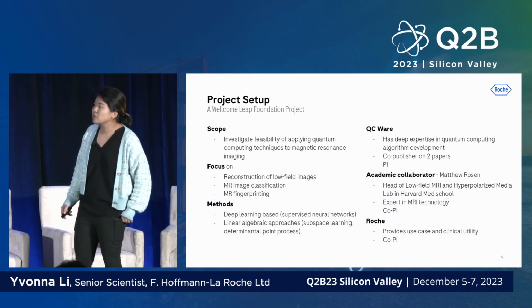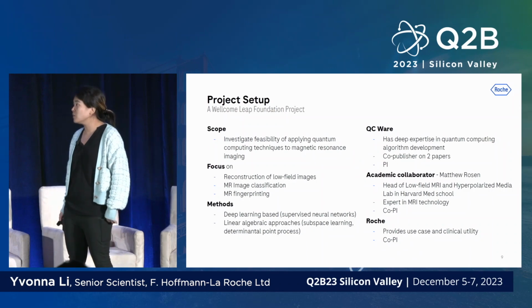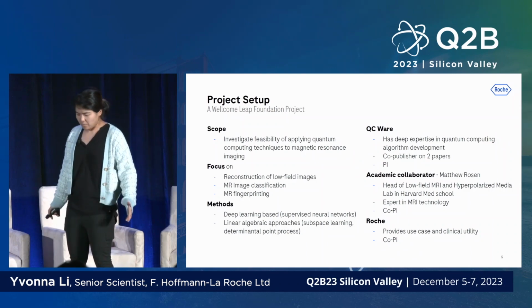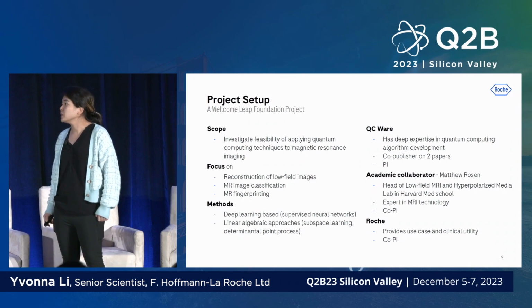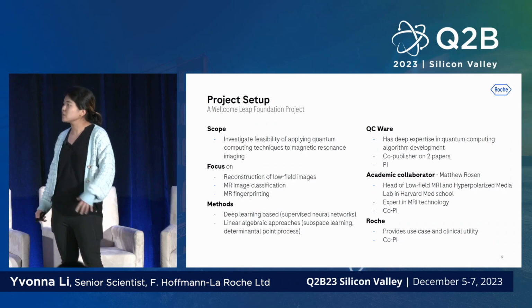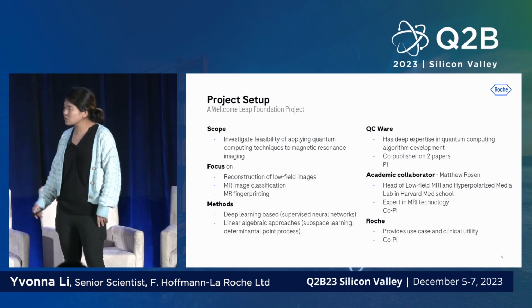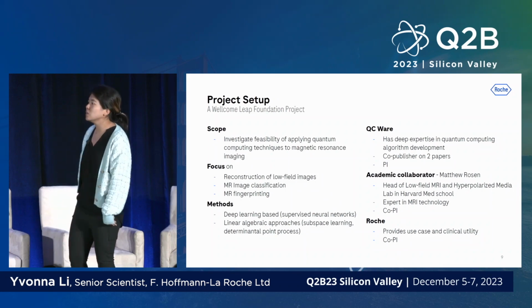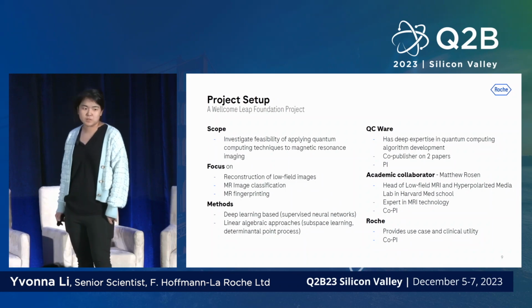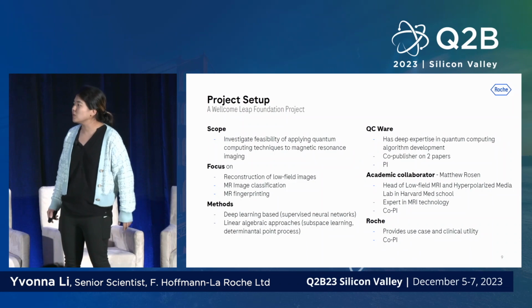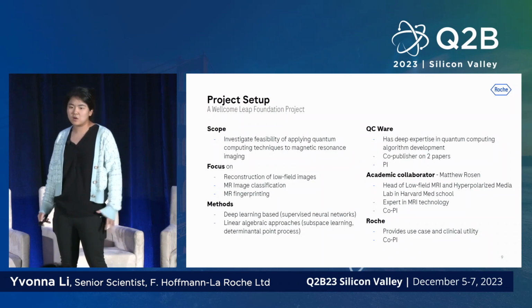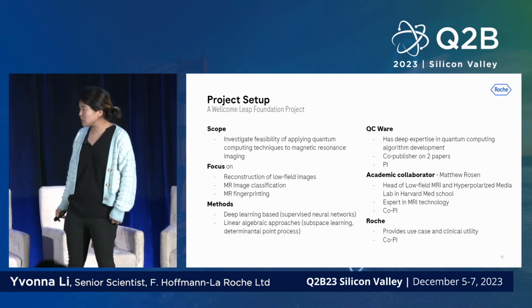There we're aiming to investigate the feasibility of applying quantum machine learning techniques to help us in the reconstruction of these low field images and also, again, to image classification problems. We're also interested in looking into very state-of-the-art techniques such as MR fingerprinting.